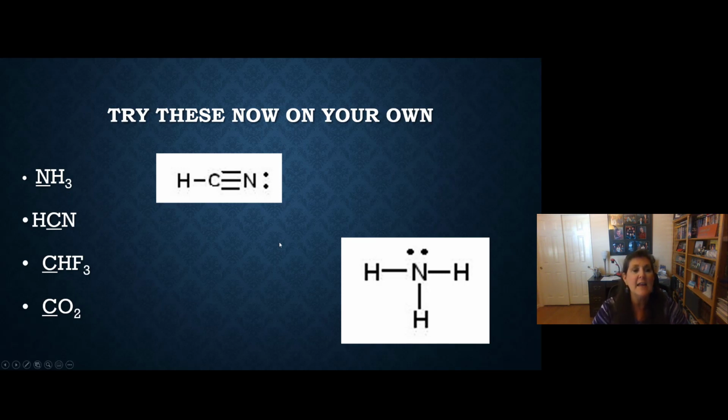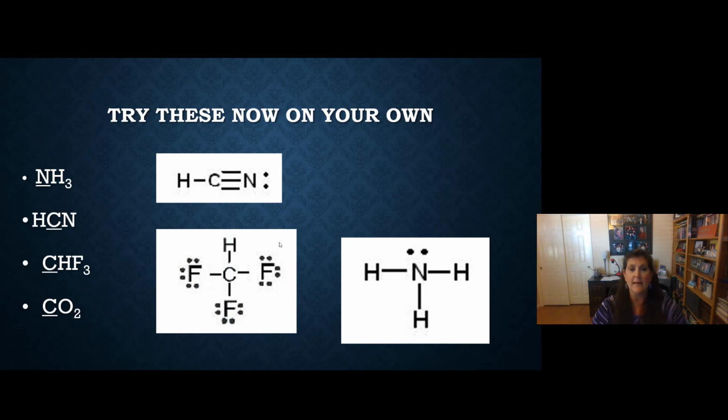All right, CHF3. There it is. Now, if you drew the H on the left side, the right side, or at the bottom, that's okay. It's just rotated. So that's okay if you did that for that Lewis dot structure. I just happened to draw the H on top. All right, let's add up our valence electrons.